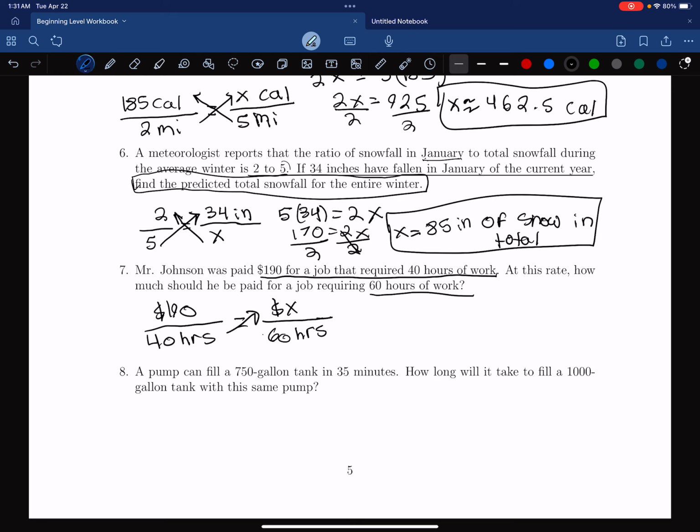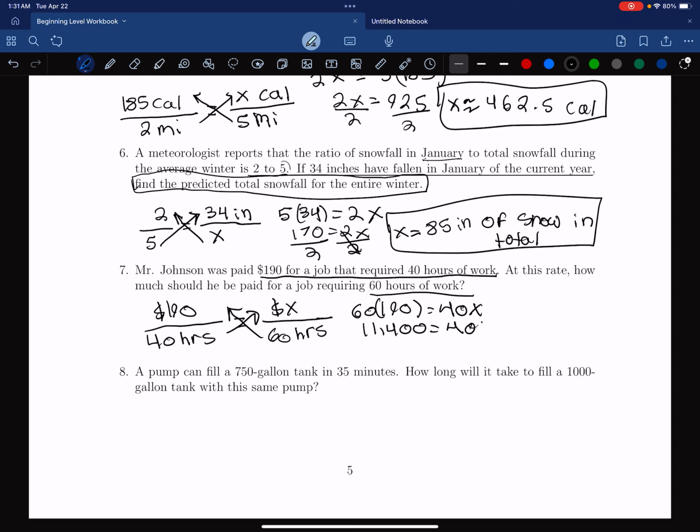So let's cross multiply. 60 times 190 equals 40x. 60 times 190 is 11,400, so 11,400 equals 40x.